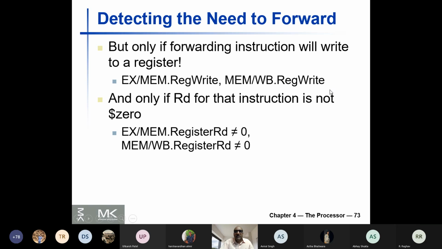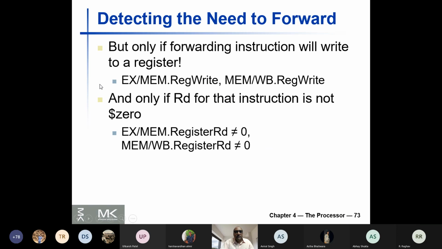For that, we know that if you want to write into the register file, there will be a control signal that will be active. That control signal is generated in the respective instruction during stage 2 itself, but it is propagated through the various stages, and you can tap it to come to know whether the previous instructions really write into the register or not.